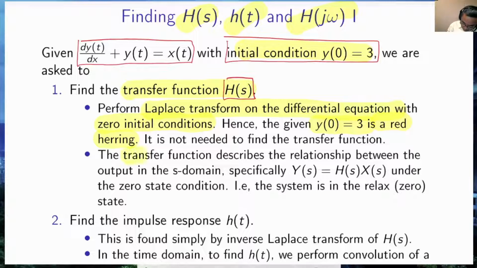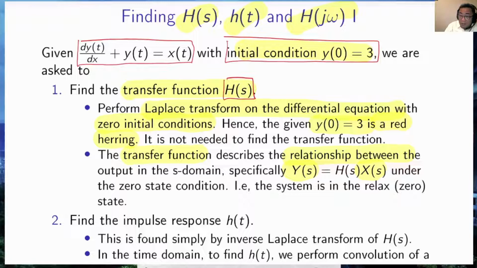Now, what is the transfer function again? It describes the relationship of the output, Y(s), over the input. So H(s) is equal to Y(s) divided by X(s). Notice that this operation is done as multiplication.